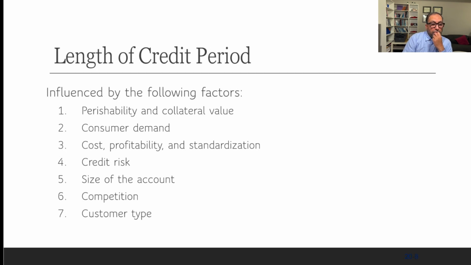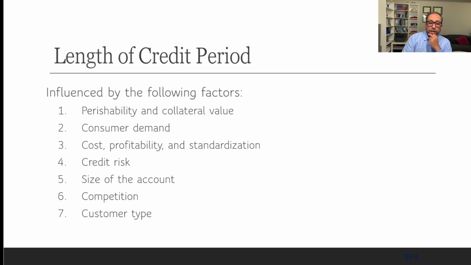Size of the account: small accounts have a shorter credit period. Large firms and corporations, when they buy something on credit from other firms, definitely get a longer period compared to small ones. Competition is a very important factor.